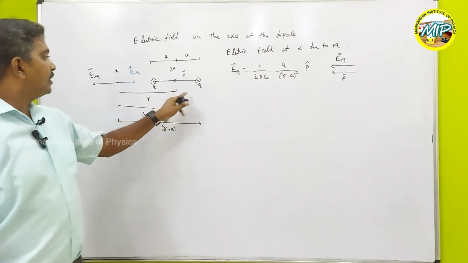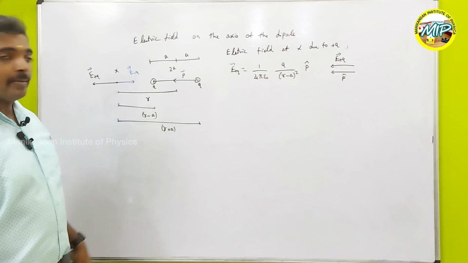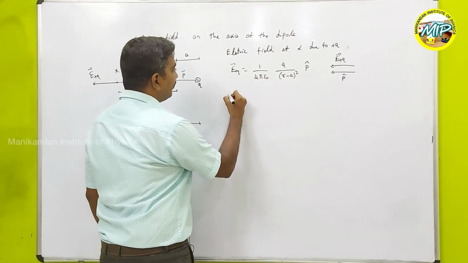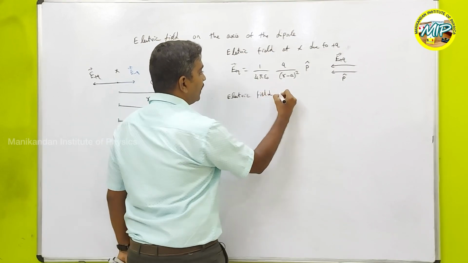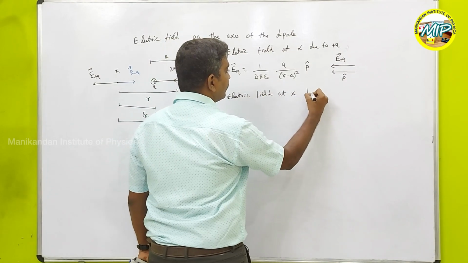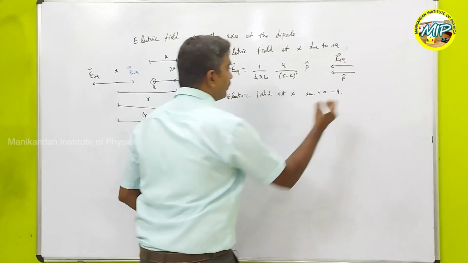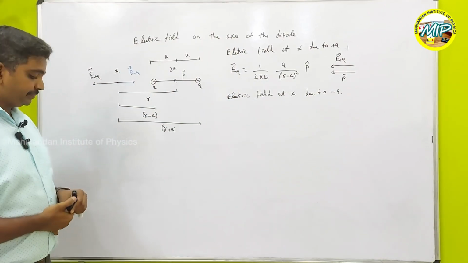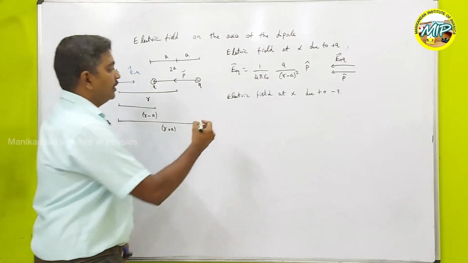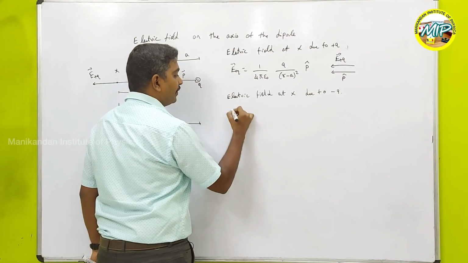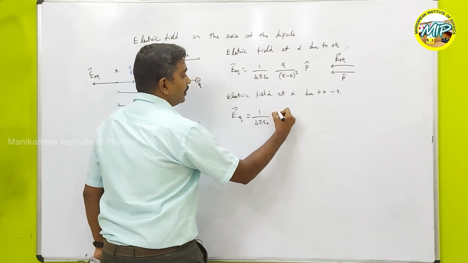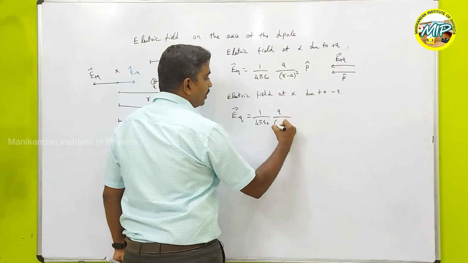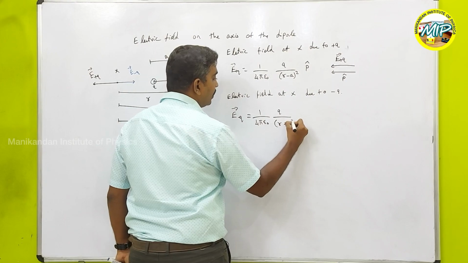So this is r and then plus this distance, my r plus a. So I can simply write the electric field at x due to minus q: E minus q vector equals 1 by 4 pi epsilon naught, q by r plus a the whole square.